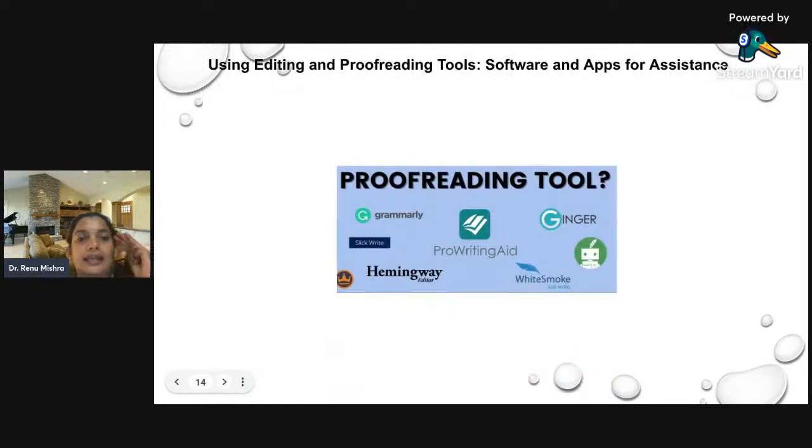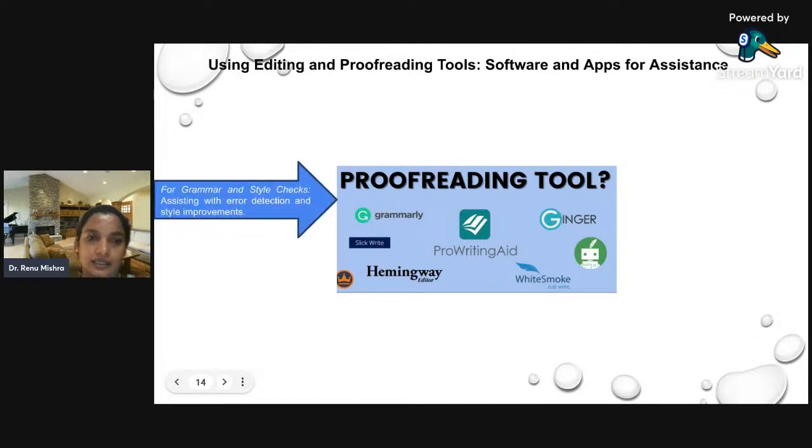Now comes some of the important tools for proofreading. First is Grammarly. Grammarly is mainly used for grammar and style checks. It helps you with error detection in your grammar and to improve your grammar style.